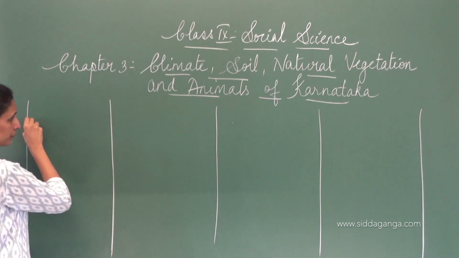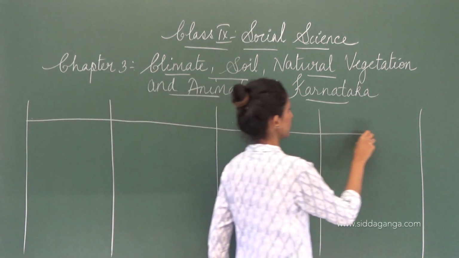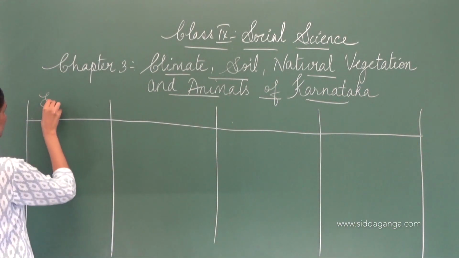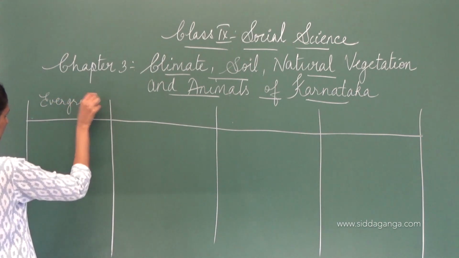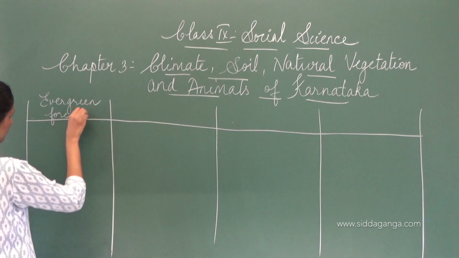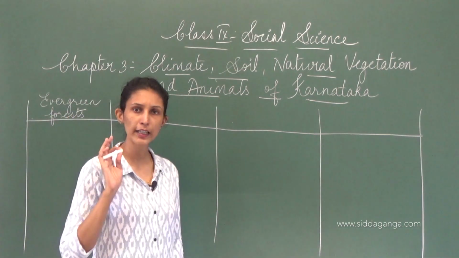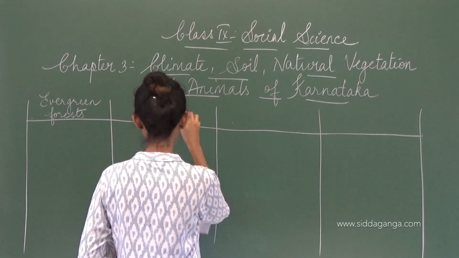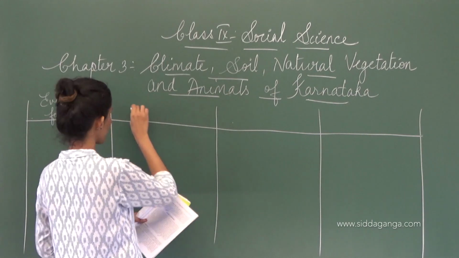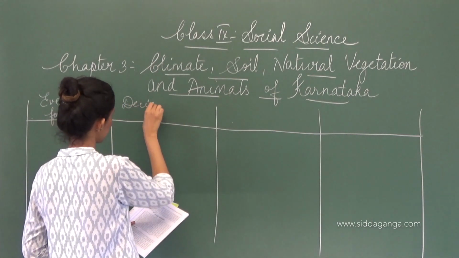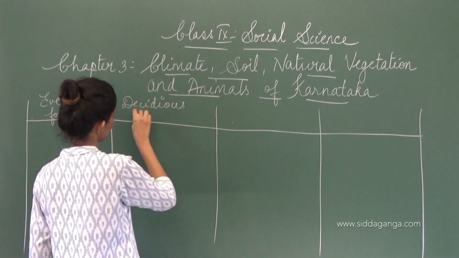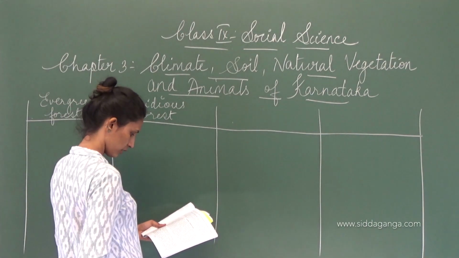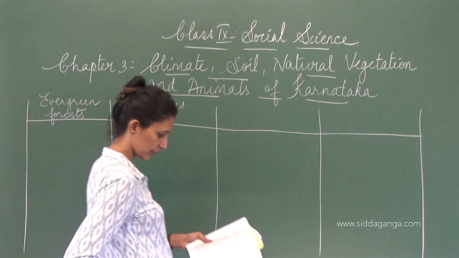Write the heading evergreen. Letters may be too small, but I will tell you what I am writing on the board, and you refer to the textbook and write. The letters may be a little smaller than in the usual class. Next is deciduous forest.